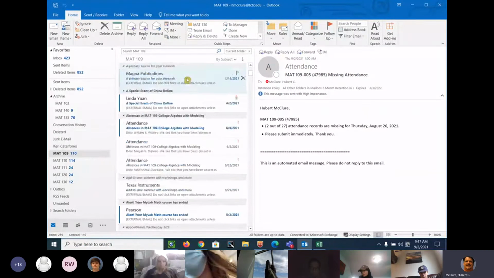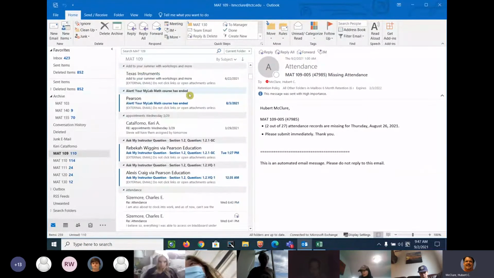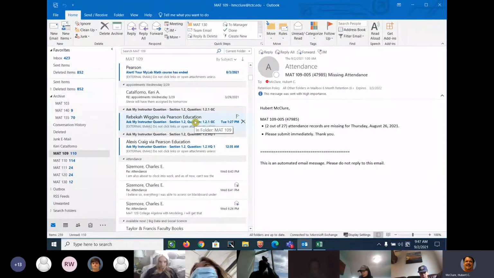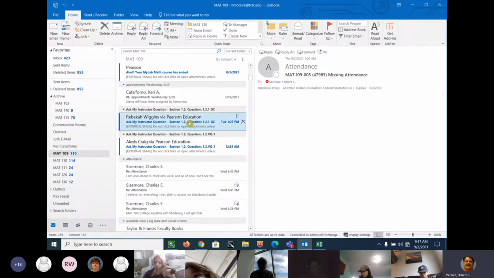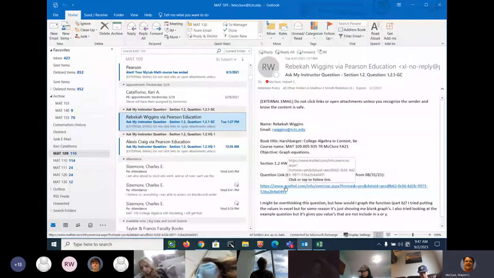One is 1.2, and again, it looks like they're the same questions. This is 1.2, 1.211, and this is, what does it say? Graph equations.